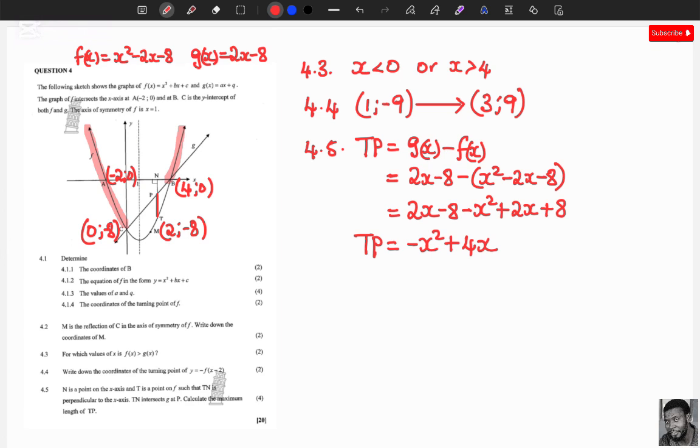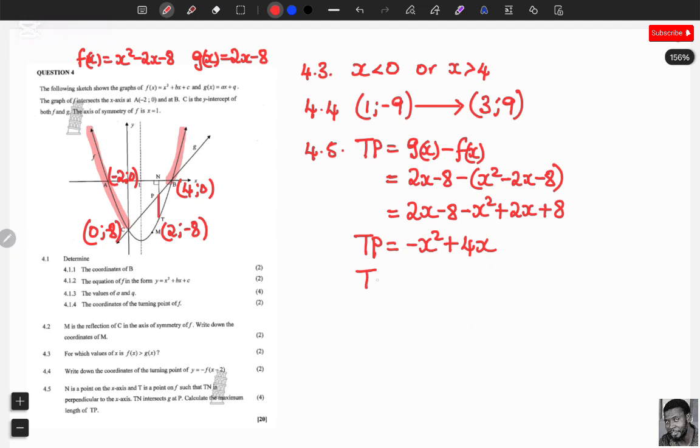From here we can differentiate once to solve for x, or we use the grade 11 one, x equals negative b over 2a. But I like differentiating. That will be negative 2x plus 4, then negative 2x equals negative 4, meaning that x will be positive 2. You substitute that 2 into the original, where there's x, you replace by 2.